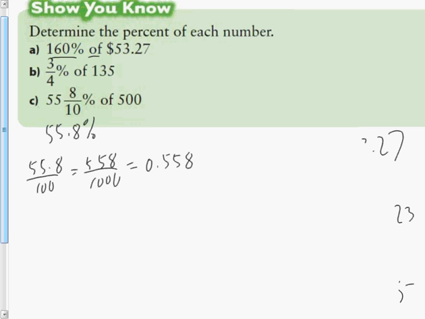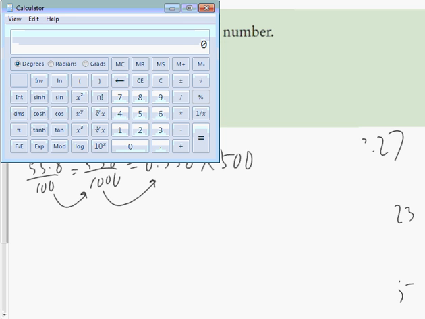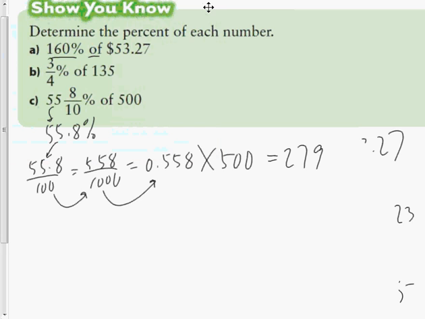So I went from this fraction to here, from here to here, and then I thought of it as a decimal of 500. So 55 and 8/10% of 500 is 279. I don't think we're dealing with money here, we're just dealing with numbers. So 279 is your answer.